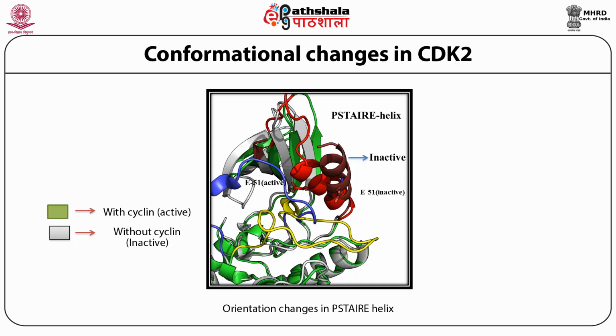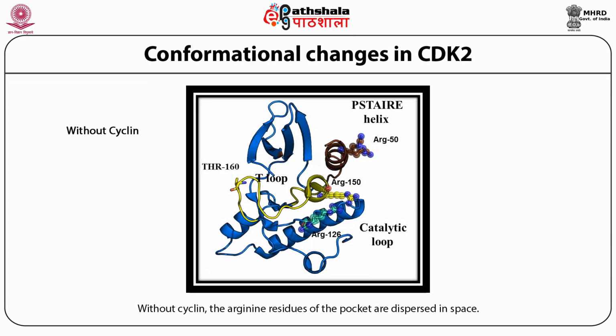It's a long loop. There are three arginine residues near the T loop which are dispersed in different orientations. You can clearly see there is an arginine on the PSTRI helix and near the catalytic loop there are two arginines which are differently oriented. Naturally, all of them are positively charged residues.